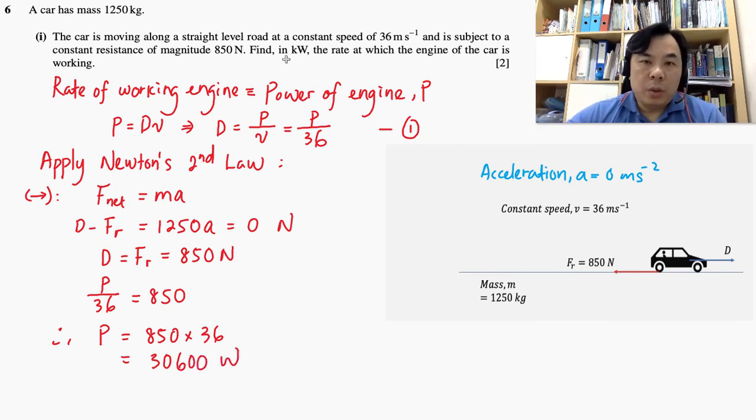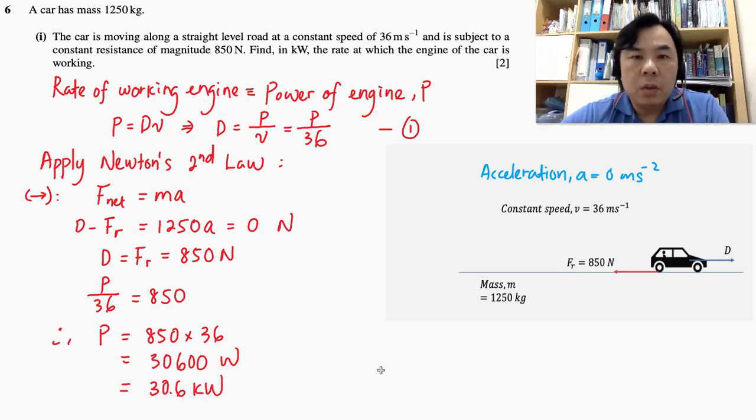But according to the question, they want us to leave the answer in terms of kilowatts. So we can write it down as 30.6 kilowatts. I hope that is clear for the first question. I'm going to move on to the second question shortly.